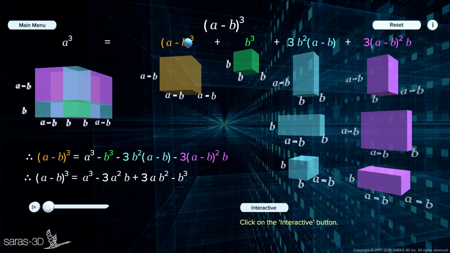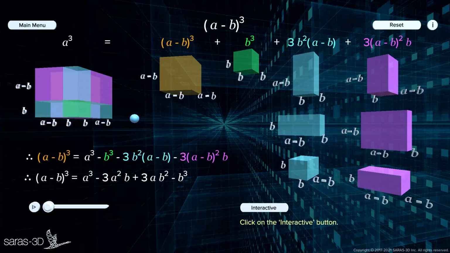So from here we can write a minus b the whole cube is equal to, taking all of these terms on this side, a cube minus b cube minus 3 times b square times a minus b minus 3 times a minus b the whole square times b. When you simplify this by opening the brackets, this is the value we get: a cube minus 3a square b plus 3ab square minus b cube. So this is how we can provide the visual proof of a minus b the whole cube also.